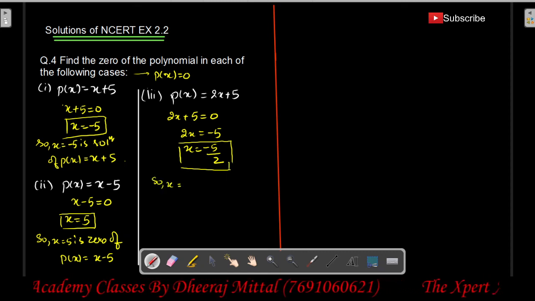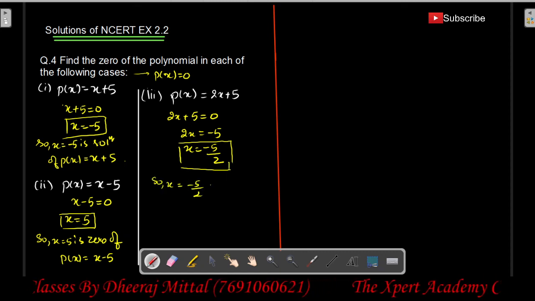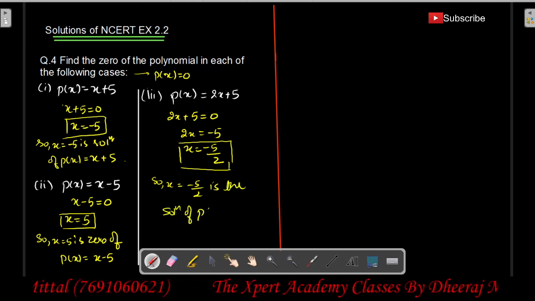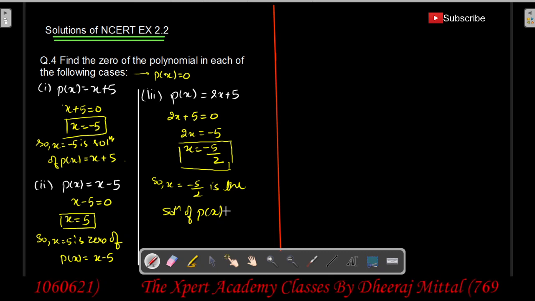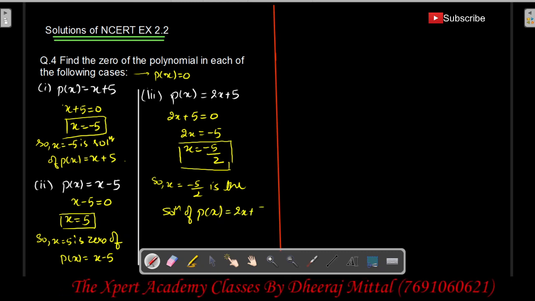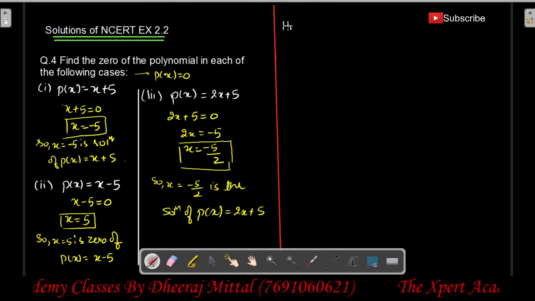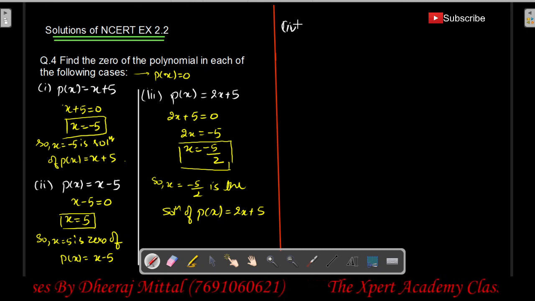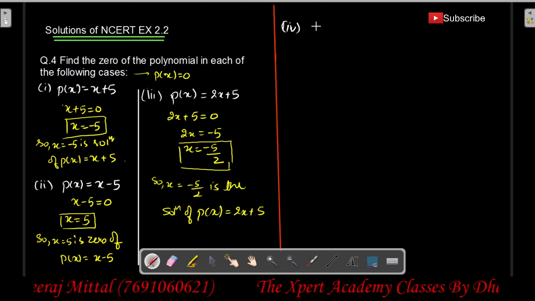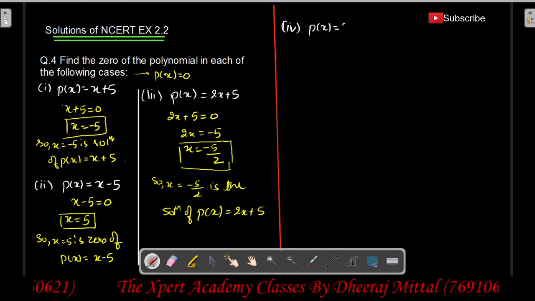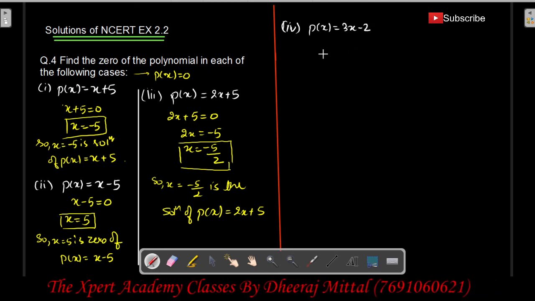So x is equal to minus 5 divided by 2 is the solution of p(x) is equal to 2x plus 5. Now fourth part, that is p(x) is equal to 3x minus 2.